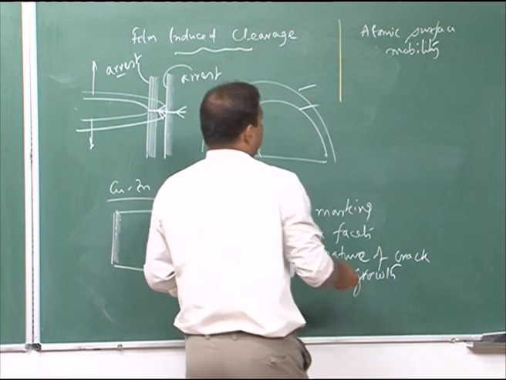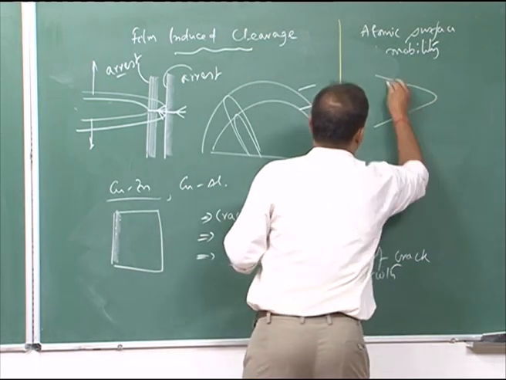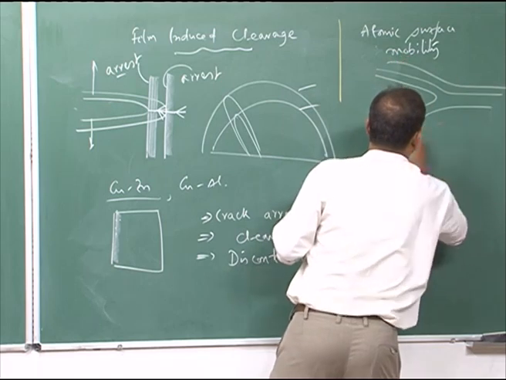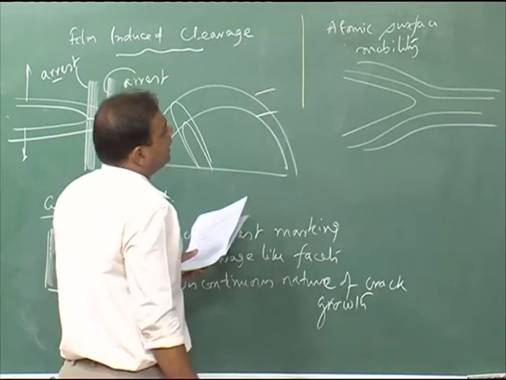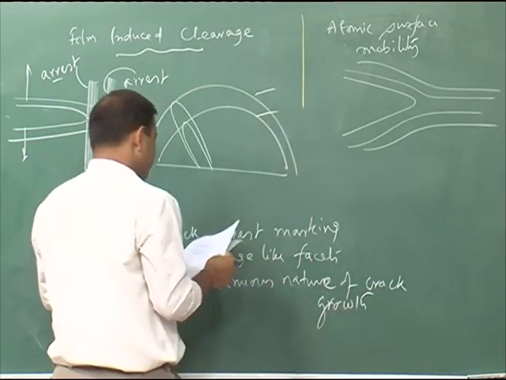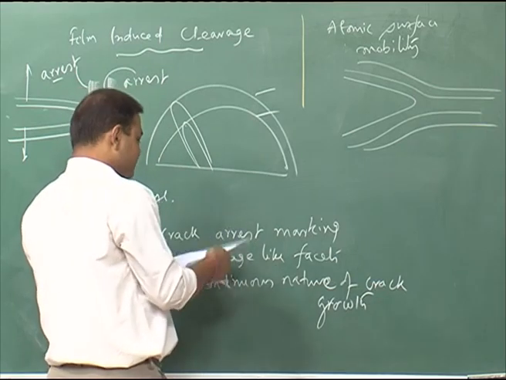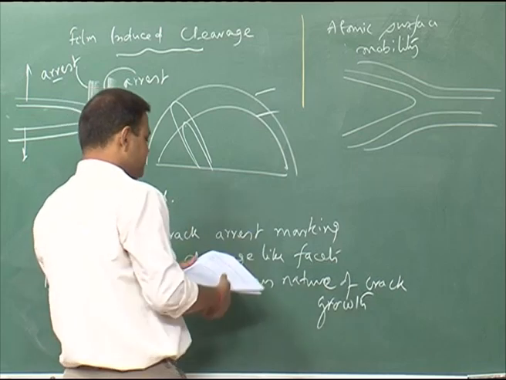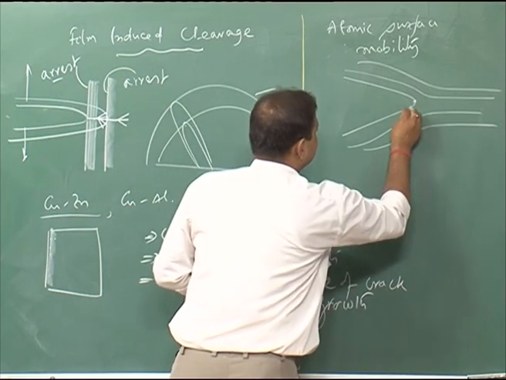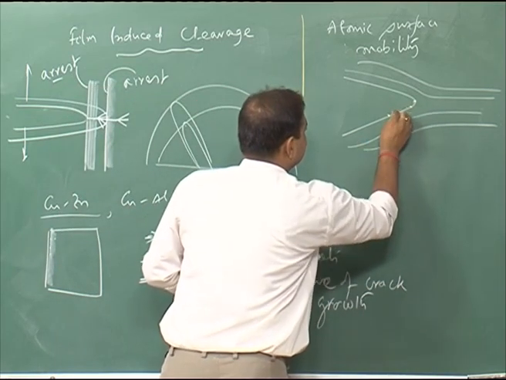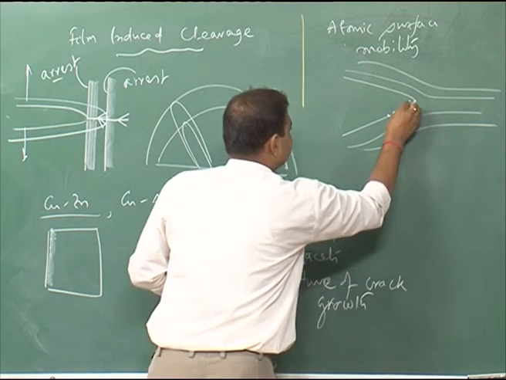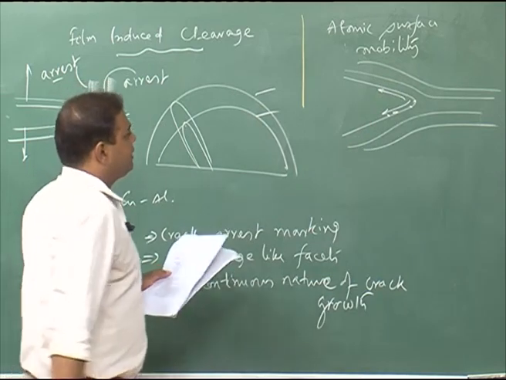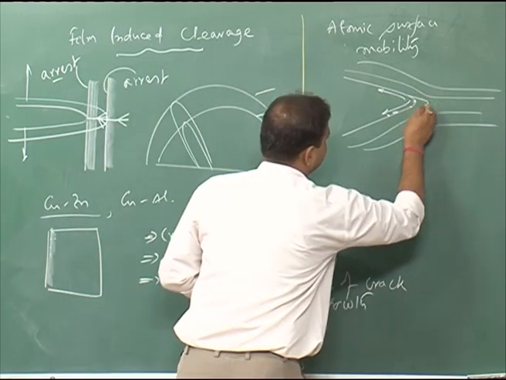Here we have, let us say, this is the crack, and these are all the atomic planes, and now there could be surface diffusion of atoms. From there these are the atoms, and this surface diffusion of these atoms can diffuse away from this crack tip and the crack can grow inside.